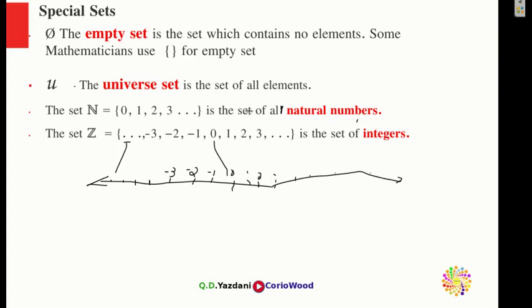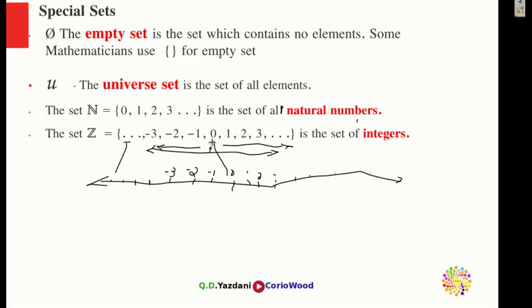Okay, so we represent this one by the letter Z. N is the set of natural numbers, and Z is the set of integers. That's how you're going to write this. And there is a 0 in between. Think of this as a graph, which in the middle has a 0, and negative numbers go towards the left, and positive numbers go towards the right.